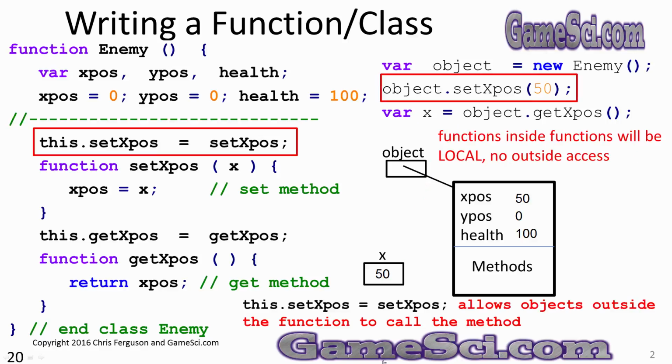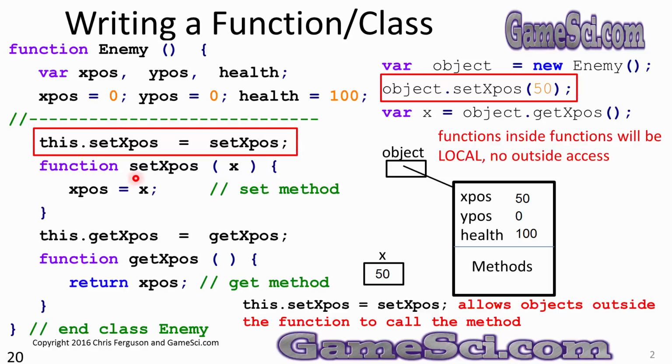Now let's look at something I didn't highlight earlier, but it's extremely important. Notice the red boxes. This one first, and then this one over here. Functions inside of functions will be local. There is no outside access to them. Recall from these variables, exposition is declared locally inside this function. Exposition exists as part of this enemy function.